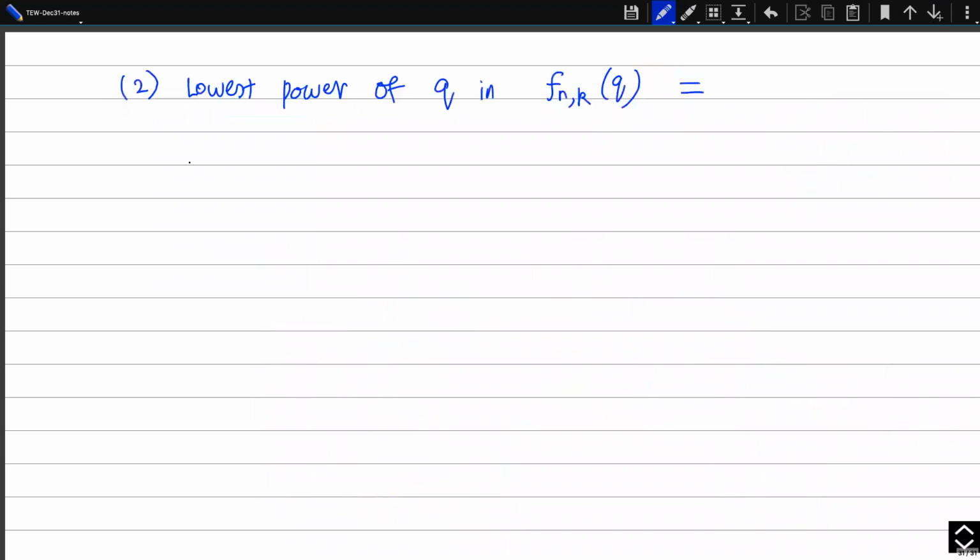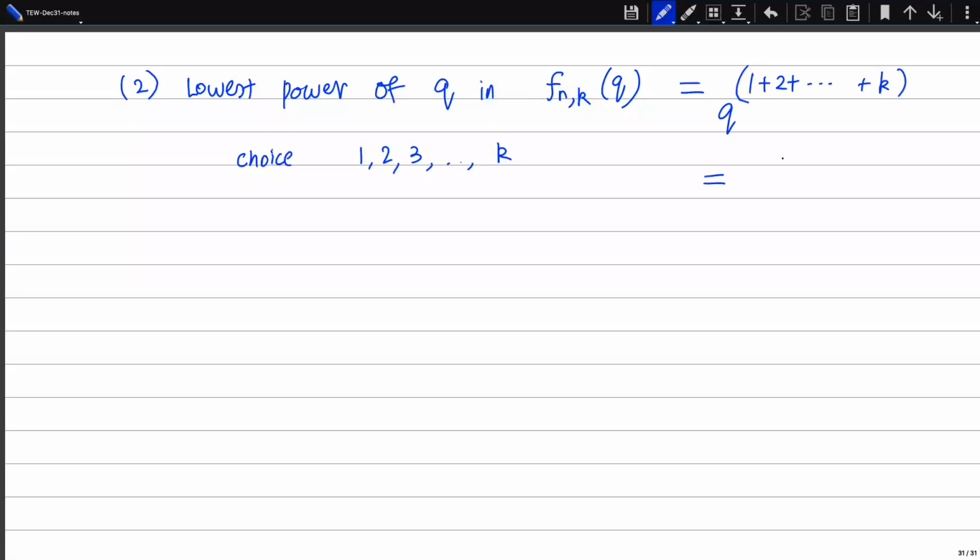So I have to choose k numbers. I must choose the k smallest numbers. If I choose the k smallest numbers, 1, 2, 3 till k, that's the subset which will give me the smallest power of q. So the lowest power of q is q to the 1 plus 2 plus 3 till k.